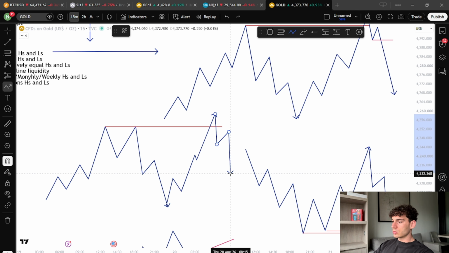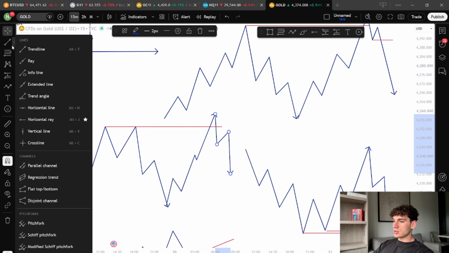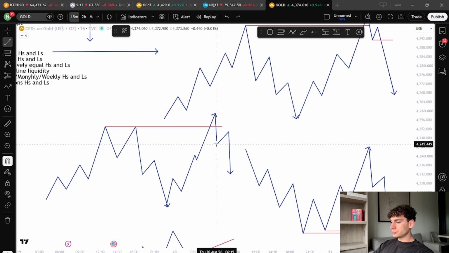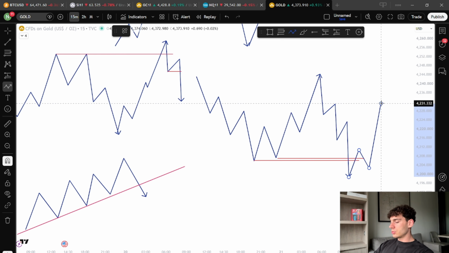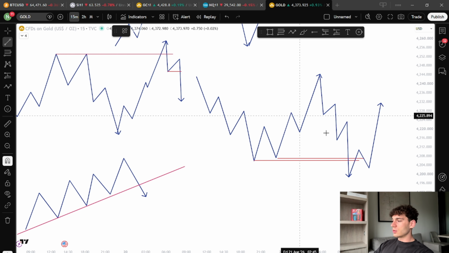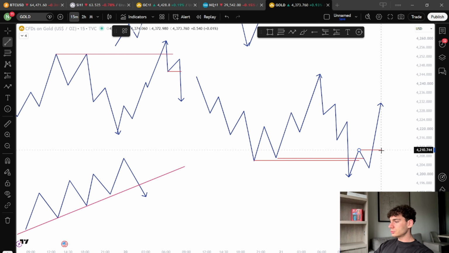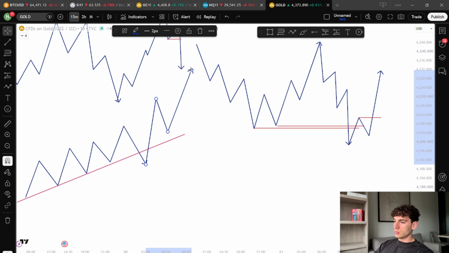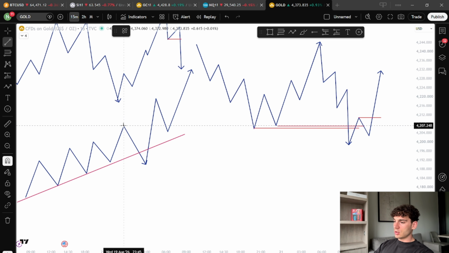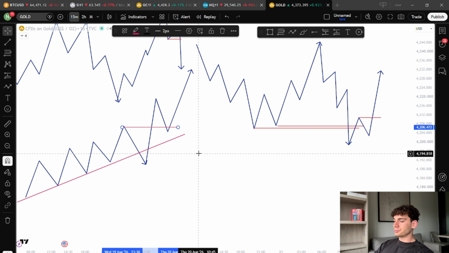Price went down, boom, boom, boom, gave you change in state of delivery. Here just in the opposite direction, goes up, boom, boom, change in state of delivery. And the last one is going to look like this, boom, boom, boom, change in state of delivery here.